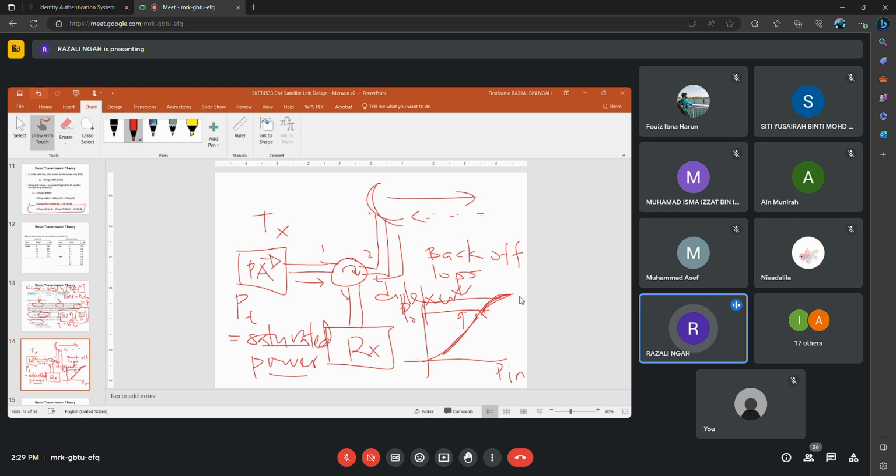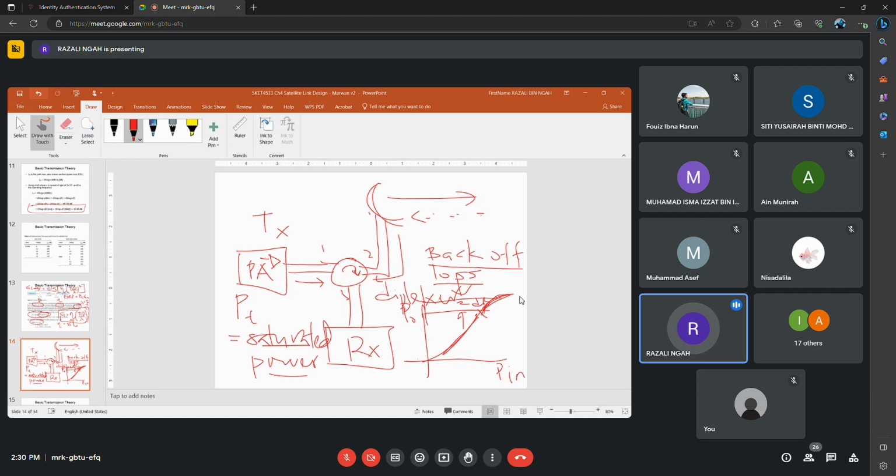For example, we reduce by 2 dB, so back off loss equals 2 dB. Back off loss, I repeat again, refers to reducing a certain amount of power from the saturated power so that the power amplifier operates in the linear region.